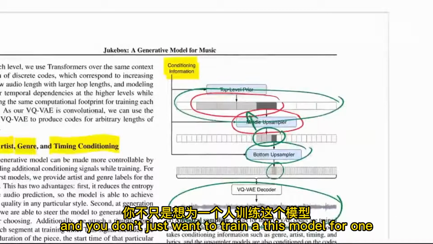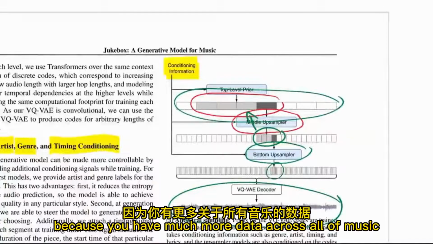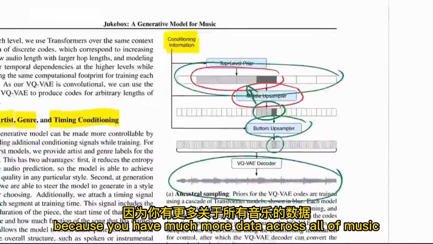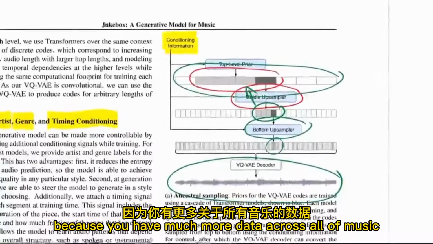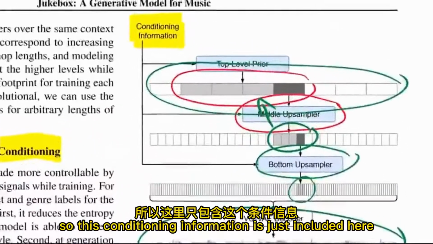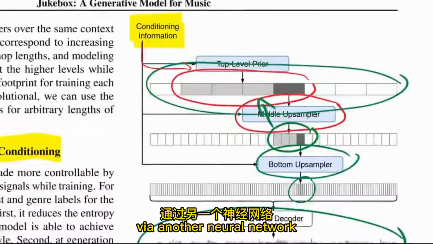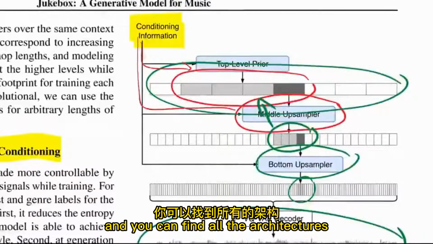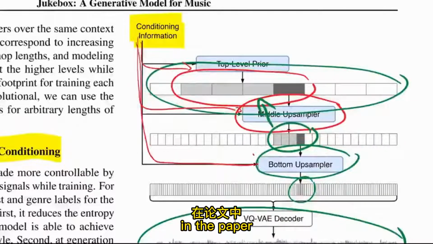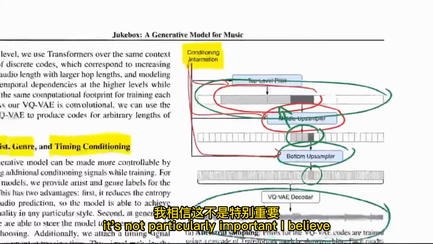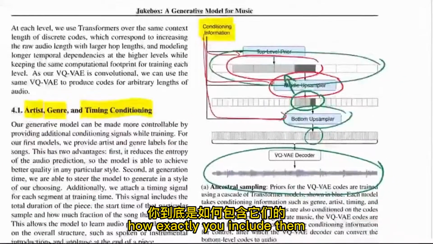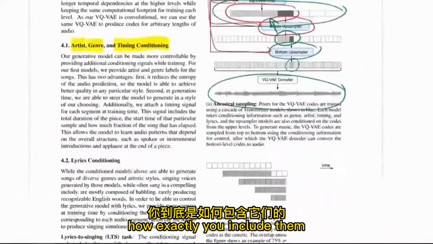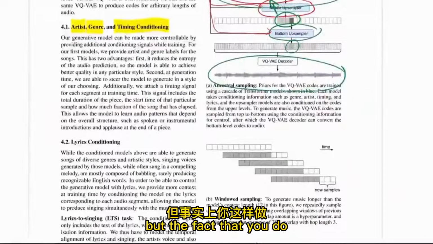And you don't just want to train this model for one single artist because you have much more data across all of music. So this conditioning information is just included here via another neural network. And you can find all the architectures for all of these models in the paper. It's not particularly important, I believe, how exactly you include them, but the fact that you do.